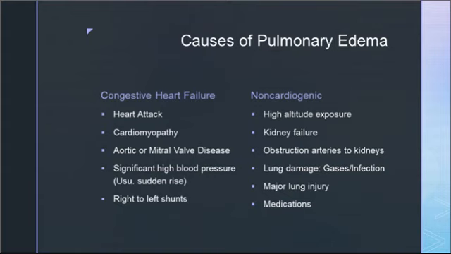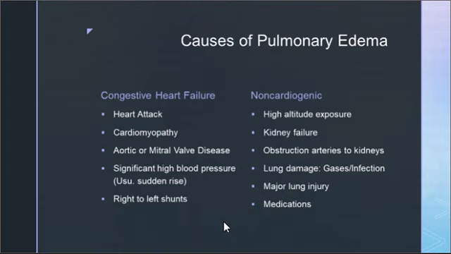Causes of pulmonary edema. Pulmonary edema can be caused by congestive heart failure. Congestive heart failure can result from a heart attack, cardiomyopathy, aortic valve disease, significant high blood pressure, and a right to left shunt. All can lead to congestive heart failure, and left-sided congestive heart failure can lead to pulmonary edema.